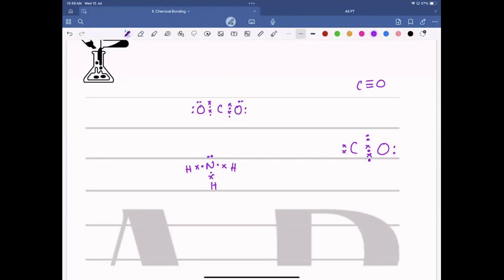Carbon has 8, and oxygen has 8. Both got an octet in this way. So I can figure out that of these 3 bonds in the triple bond, 2 are simple covalent and 1 is dative.